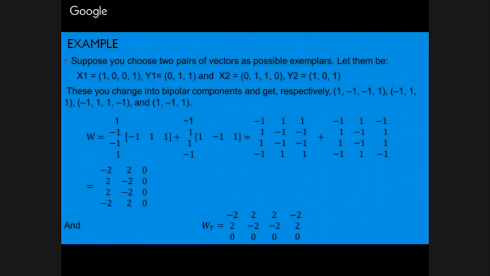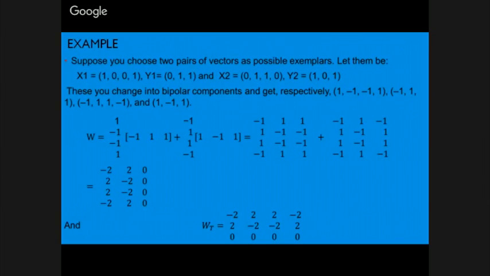So what we will do is we will take the transpose of the input vector and multiply it with the output vector. So to determine the weight matrix, we take the transpose of x1. The transpose of x1 will be a column vector 1, minus 1, minus 1, 1. It is to be multiplied with the output vector y1, which is minus 1, 1, 1.